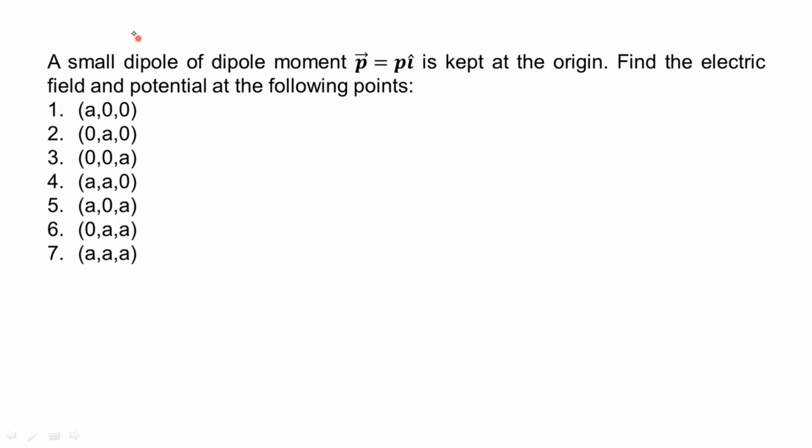Okay. So first, let's draw the situation. Let's say that this is the x-axis, this is the y-axis, and this is the z-axis. Okay, this is for reference, and we draw the dipole here at the origin.